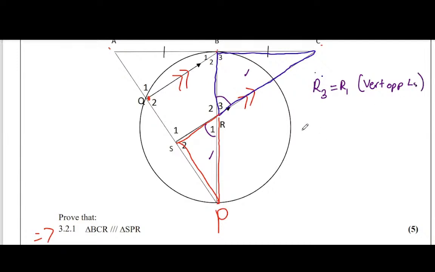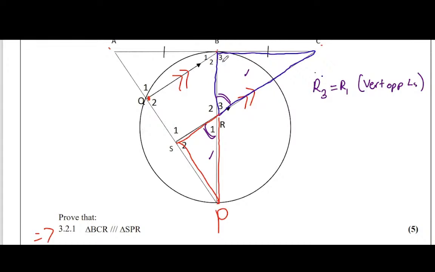Vertically opposite angles are equal. This is fact number 1 being identified. Since they told us that ABC is a tangent, is it possible for us to create a tangent-chord angle?